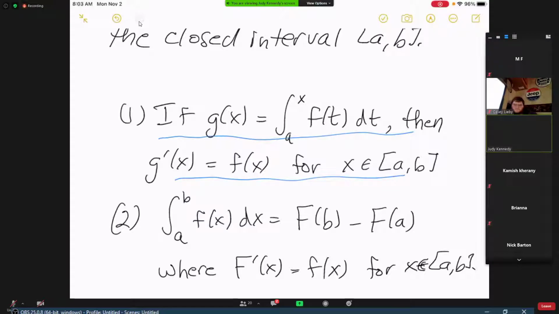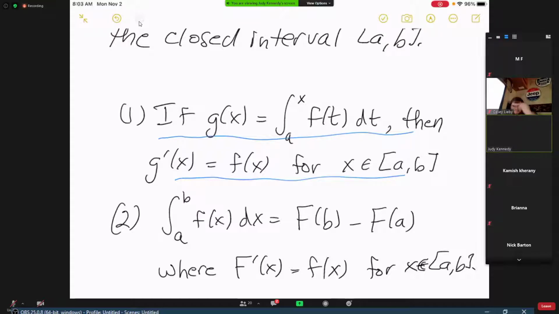Just to review a little bit, part two says that the definite integral from a to b of little f of x dx is capital F of b minus capital F of a, where capital F is an antiderivative of little f. So capital F prime of x is equal to little f of x.